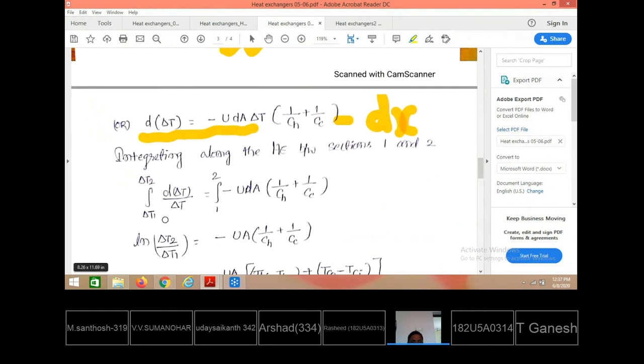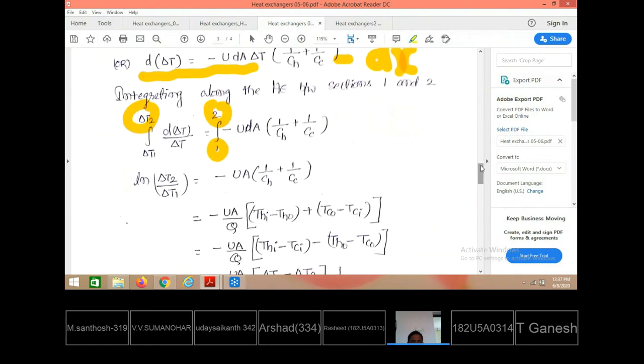So where delta T1 is connected to section 1, delta T2 is connected to section 2. From 1 to 2, when integration is done, we will get the whole area of the heat exchanger. So that is the integral of dA from 1 to 2, that gives the total area of the heat exchanger.